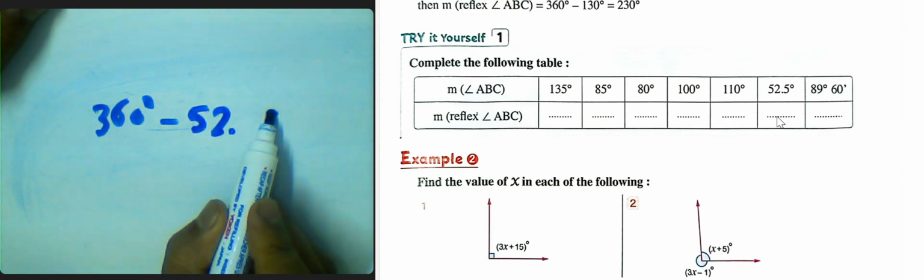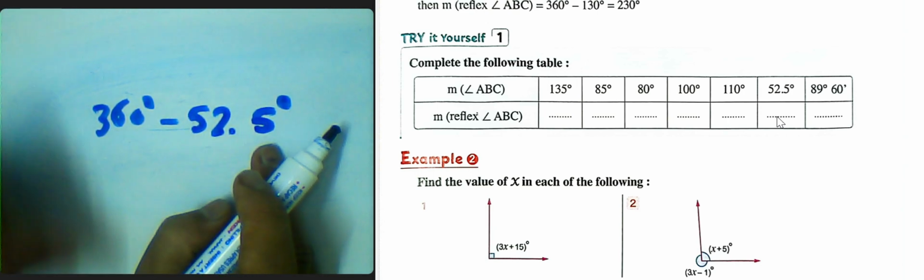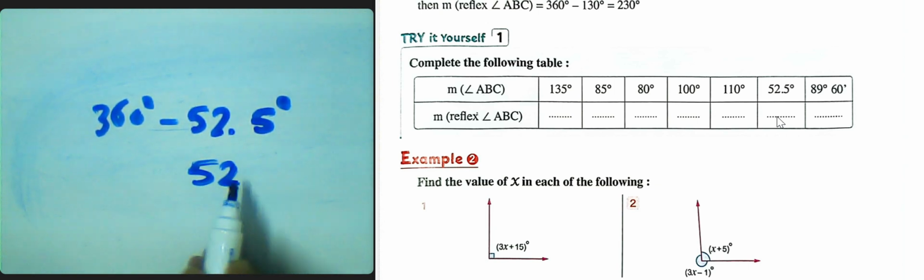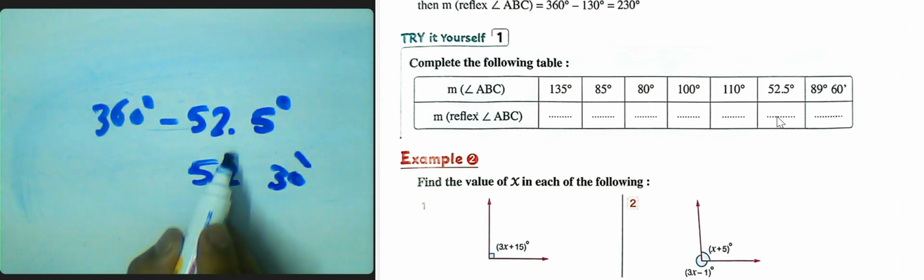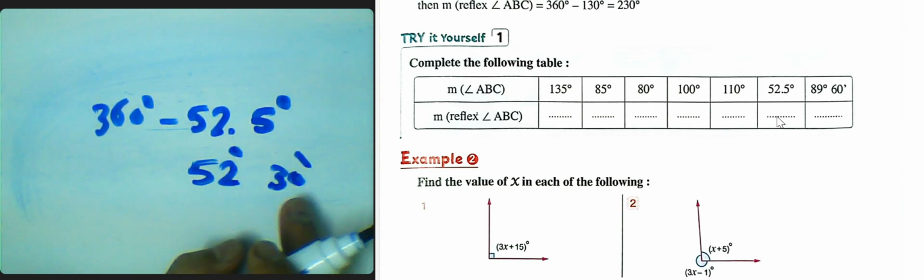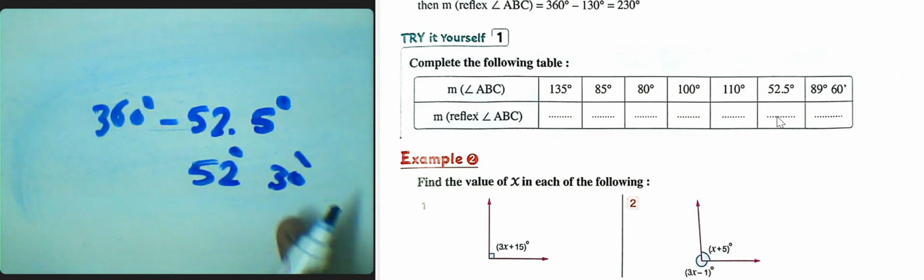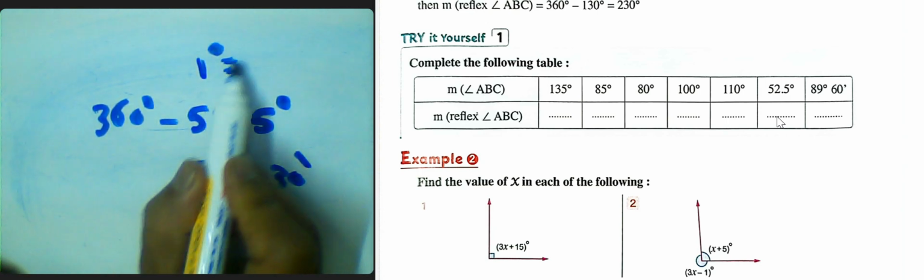And here, 360 degrees subtracted by 52 and a half. We know half of a degree is 30 minutes. We have 52 degree and half of 1 degree equals 30 minutes, because 1 degree equals 60 minutes.